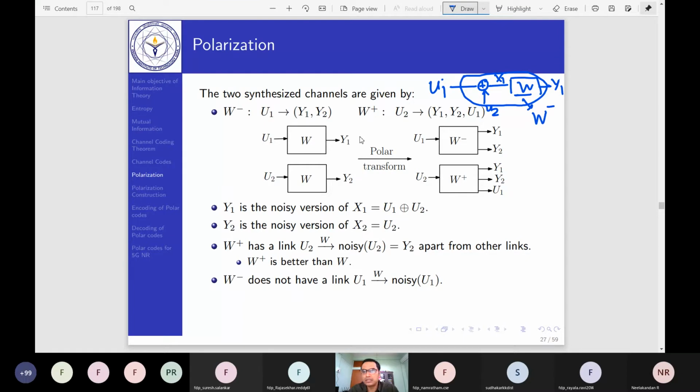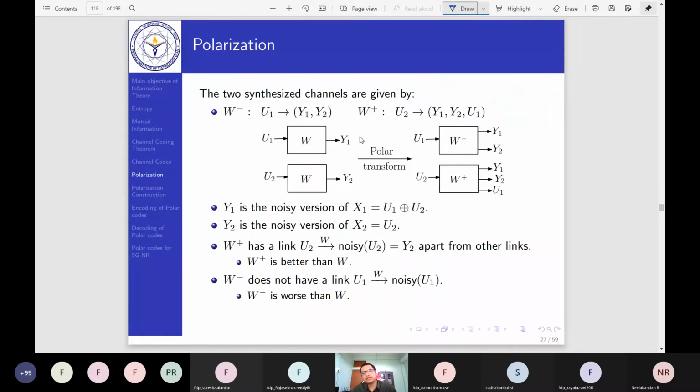The W minus doesn't contain the original channel because U2 is a kind of noise for U1. So W minus doesn't contain the original link W. The link from U1 to noisy U1 is not there in the case of W minus.